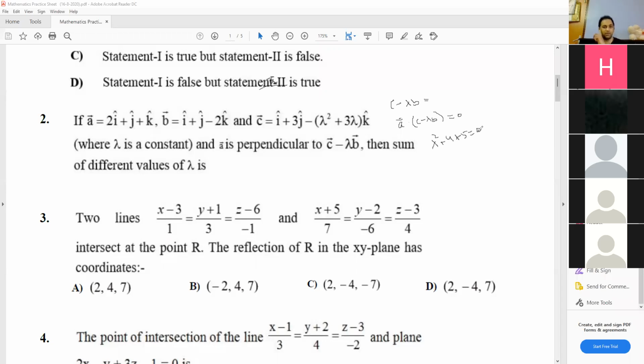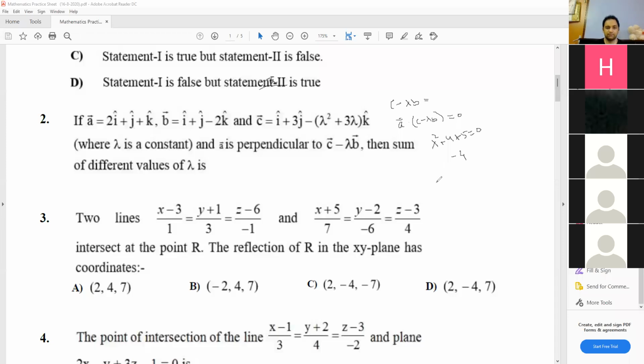This should be the ultimate quadratic that you should get. And यहाँ से sum of the values will become minus 4. Quadratic है, sum of the roots would be minus B by A. ठीक है? I hope everyone is okay with this.